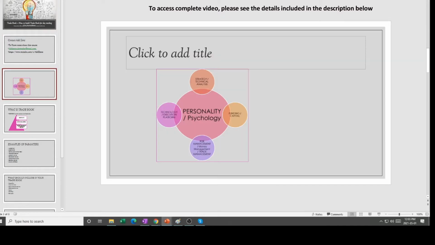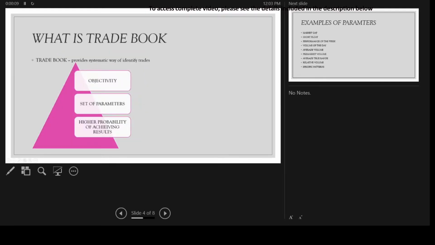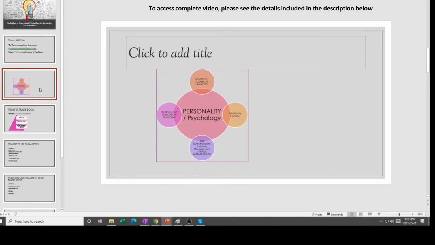So what does a trade book usually look like? I'm going to show you this diagram, and what this diagram basically shows is that there are four components of day trading, and these four components drive the overall circle of your personality or your psychology.